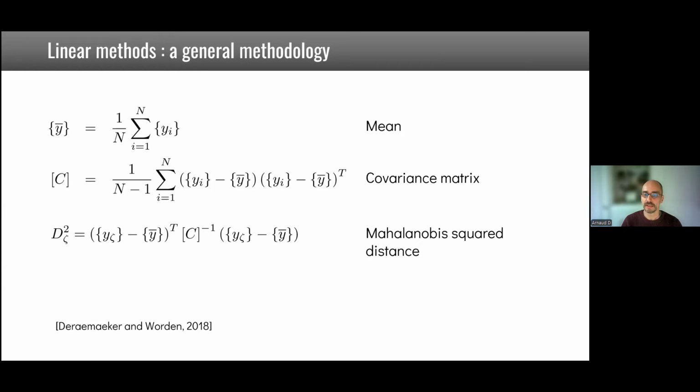It's called the Mahalanobis square distance. It is a distance over all the features, weighted by the inverse of the covariance matrix. What does it mean? It means that when data is very far from the mean, it has not much impact on this distance. Okay.